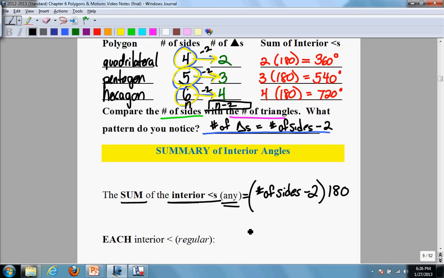And in textbooks, the variable that's most often used for the number of sides is n. So the equation you're going to most often see for the sum of the interior angles is n minus 2 times 180.